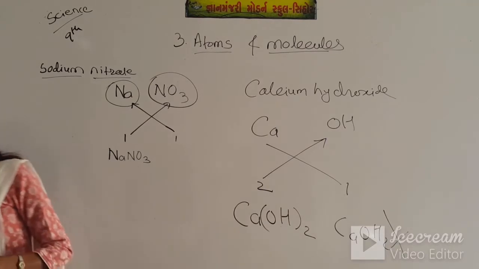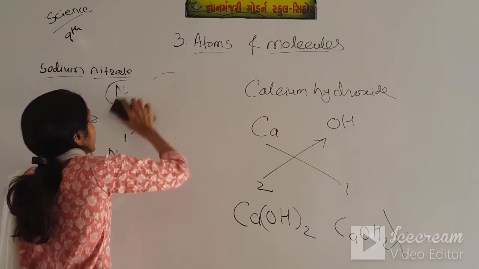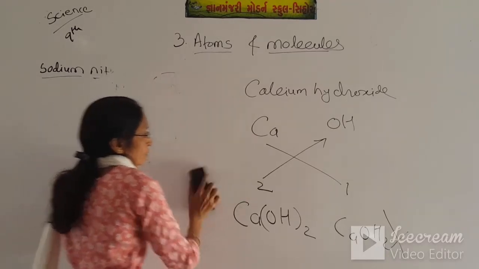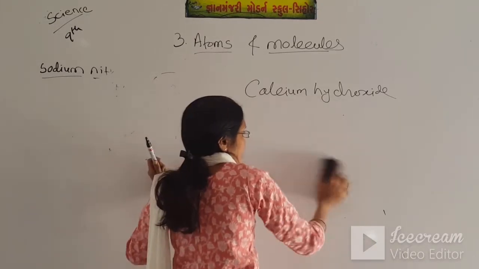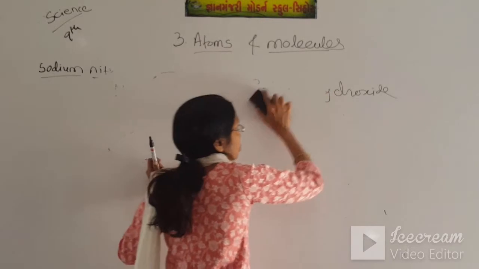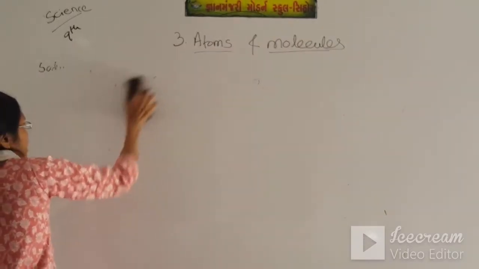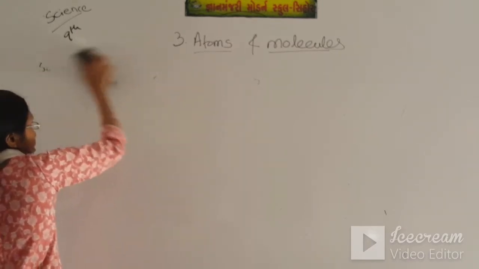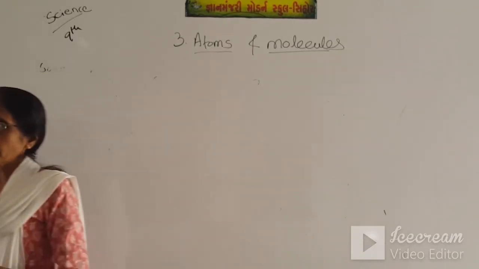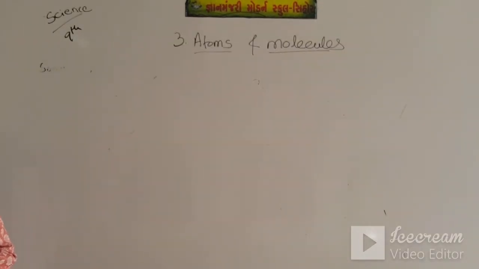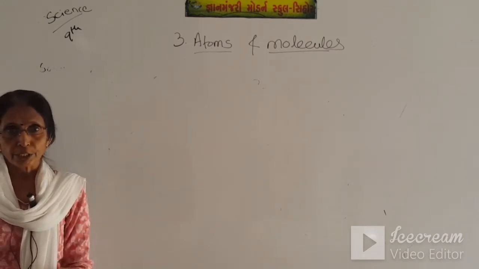Now students, again we will discuss what is an atom and what is an ion. Atoms and ions. Atoms do not have a stable configuration. Electrically it is stable, but chemically it is not stable. But when it loses or gains electrons, then it achieves a stable electron configuration and it possesses a charge, either positive or negative.